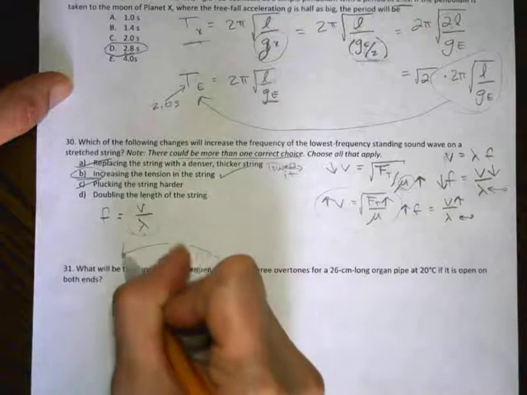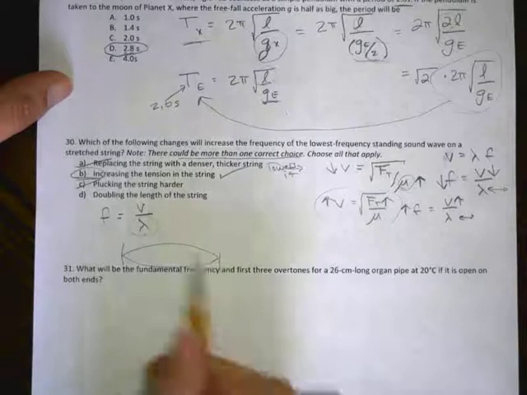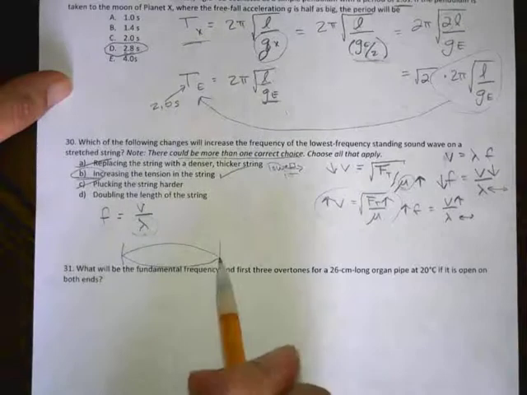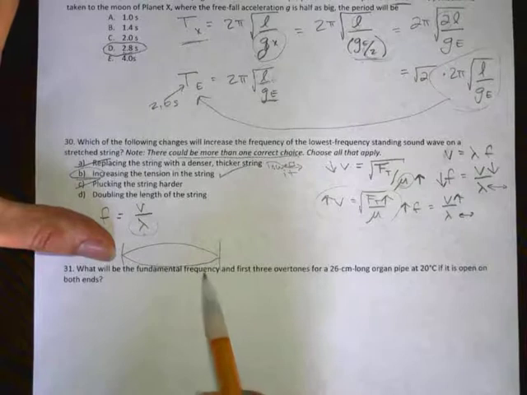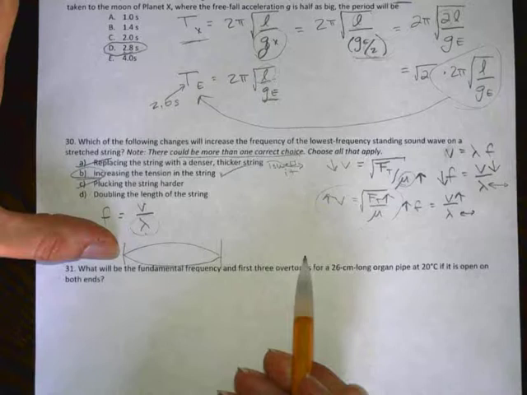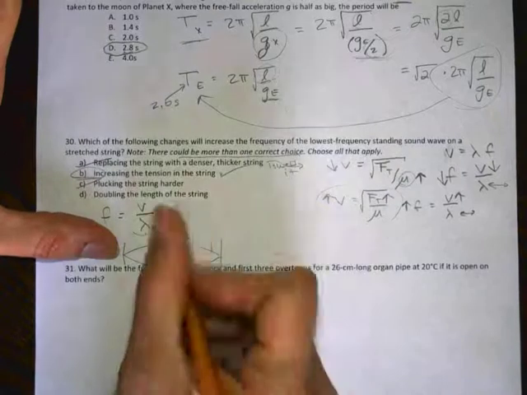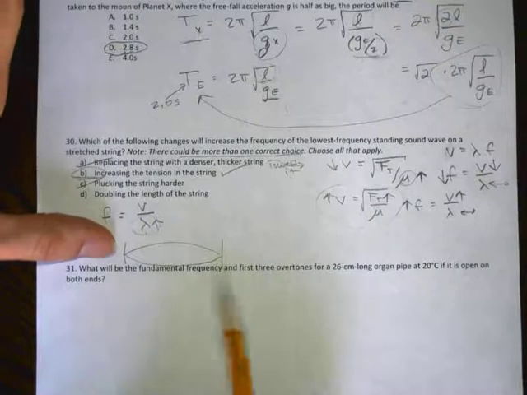For a wave on a string, the lowest mode of oscillation looks like that, and the wavelength here is going to be twice that length. So if we make this longer, we have effectively increased the wavelength of the wave.